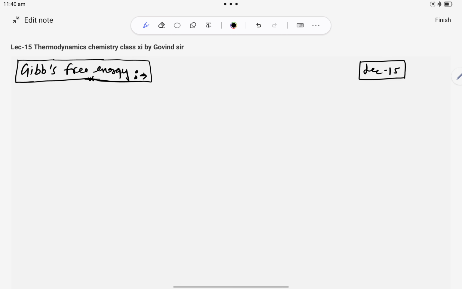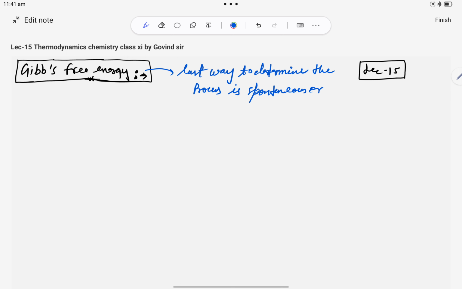So what is the meaning of Gibbs free energy, children? It is the last way to determine whether a process is spontaneous or non-spontaneous.